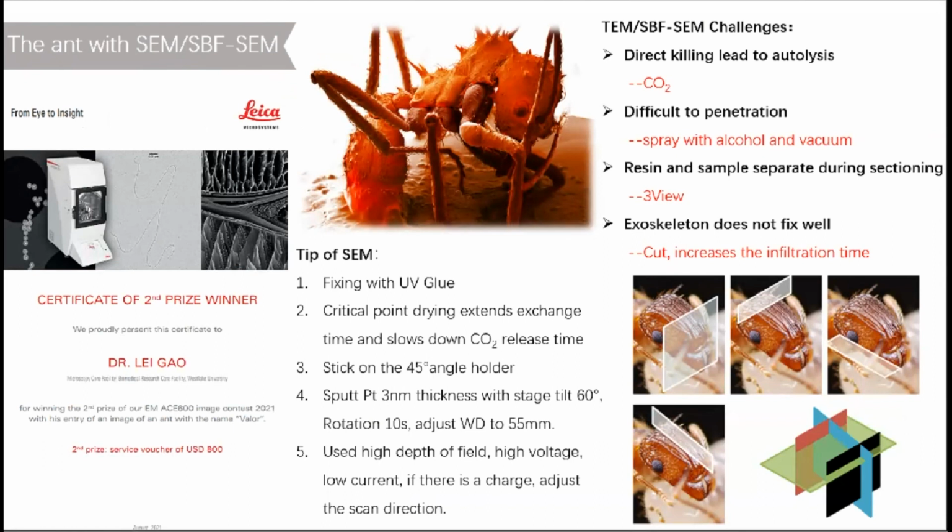This ant has a thick cuticle, and it's difficult to obtain a satisfactory structure by ordinary sample preparation methods. I improved the sample preparation method and got good data using the serial block face SEM.